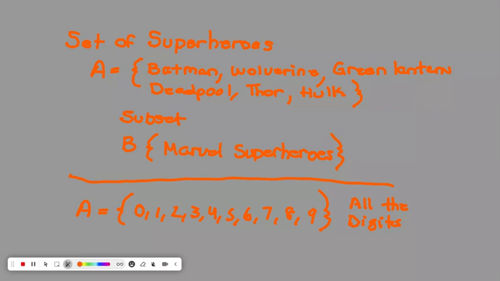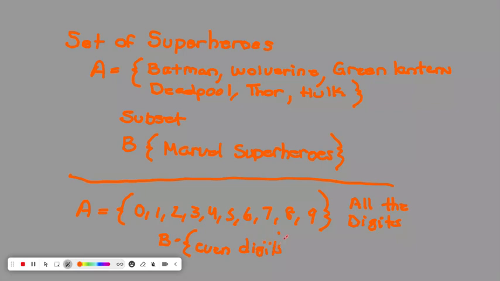So that's our set. And what do you think a subset could be? We'll say set B is our subset. What can we say about a subset to this? Remember, whatever element you have in B, the subset, has to be in set A. So how about we say even digits?